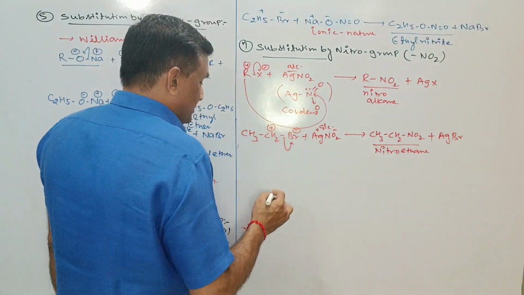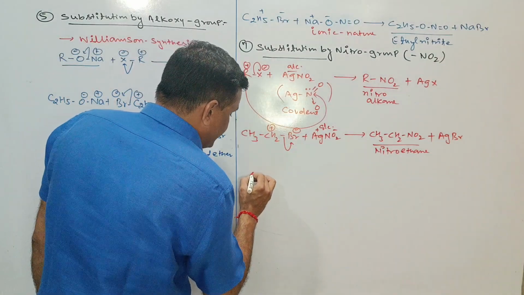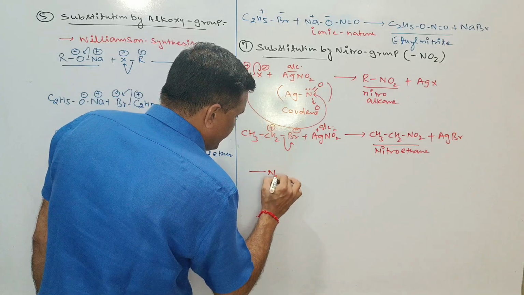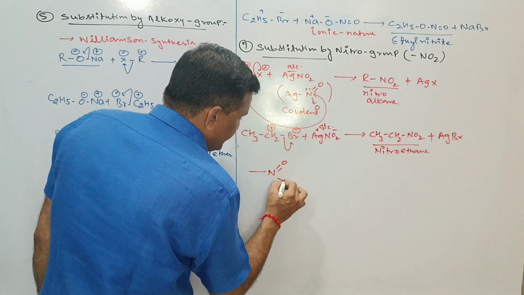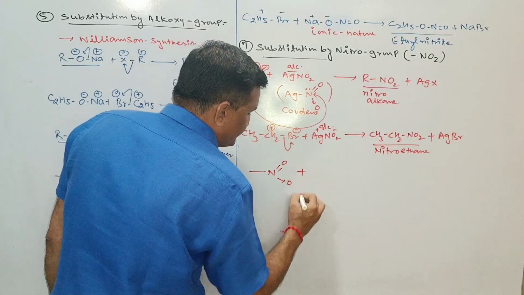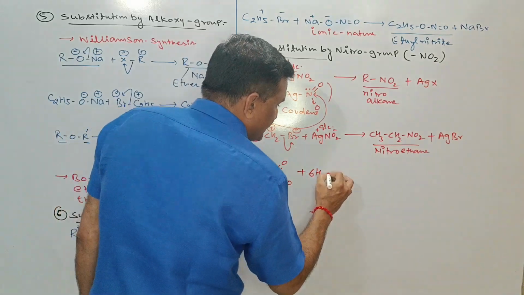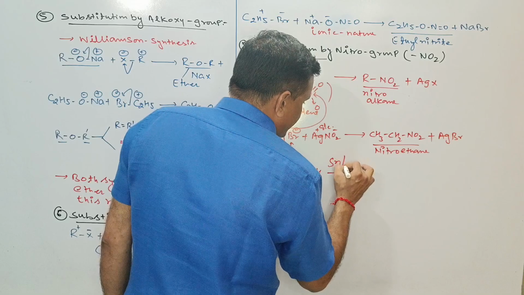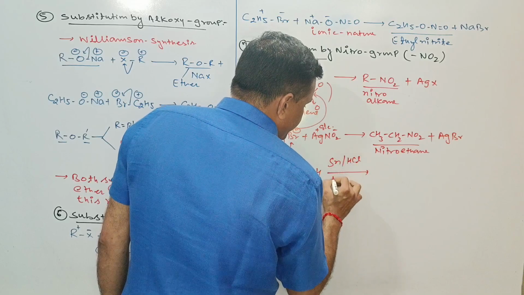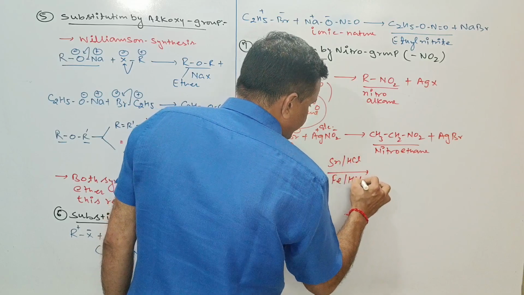The NO2 group is a very important functional group, because NO2 can be changed further by using 6[H] in the presence of Sn and HCl, acidic medium, or you can use Fe and HCl also.